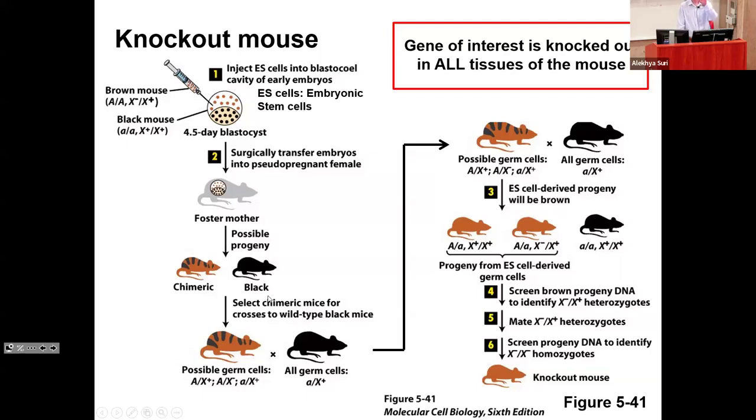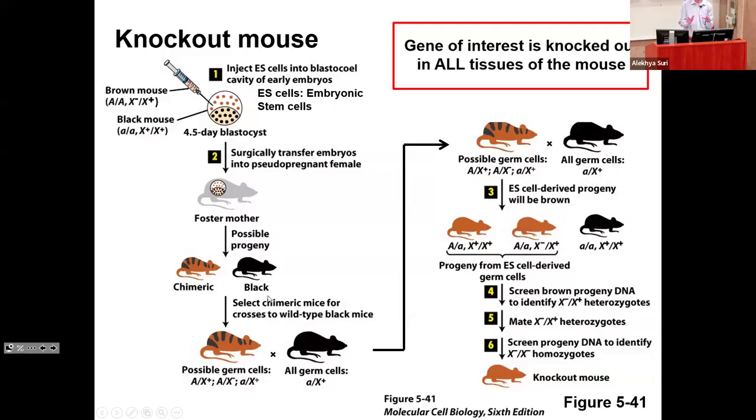I guess you heard from the stem cell lecture from Dr. Freudenreich. So after 4 or 5 days, you can see this blastocyst. It's not yet differentiated. So you would inject these embryonic stem cells. You would implant this into a female mouse, and then you would do numerous crosses.